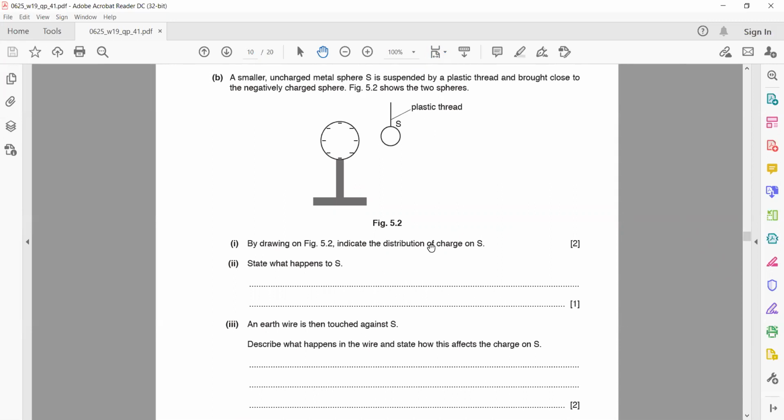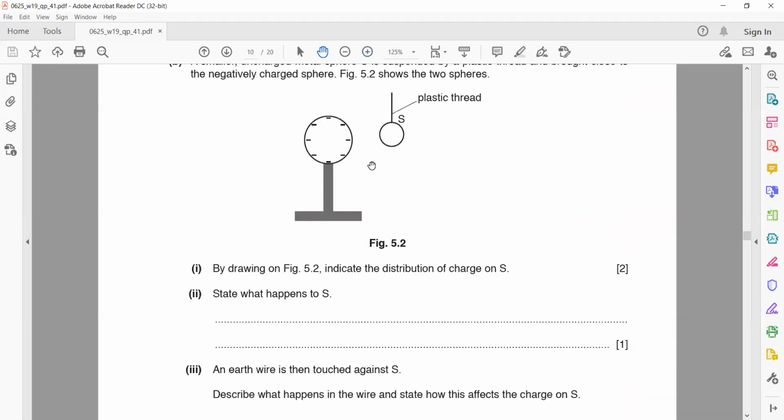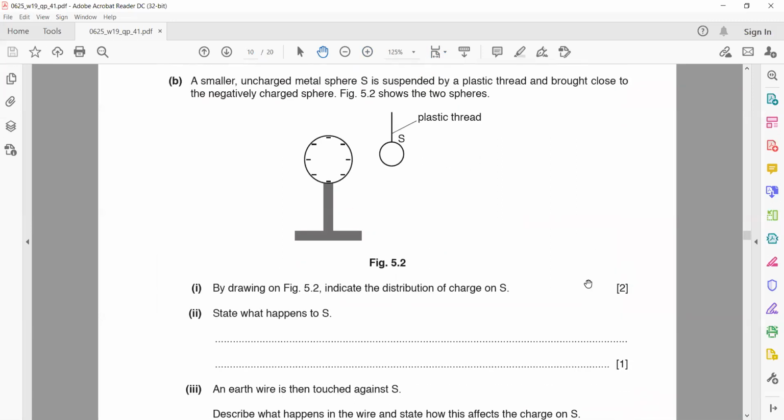So one side will be positive and the other side will be negative. But keep in mind the number of positive and negative charges should be the same. Like if you draw two positives on the left, there should be two negatives on the right.